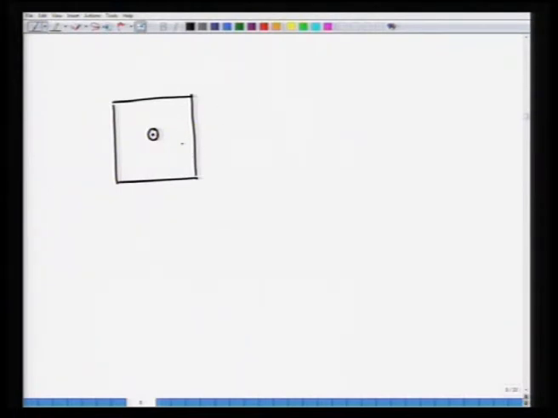So, what is the symmetry operation? So, this is position number 1. Now, what is the symmetry operation that you need to perform? So, this is, let us say, a square. So, in order to bring this square back into the same position, which means 1 should look like 1, you need to perform a rotation.